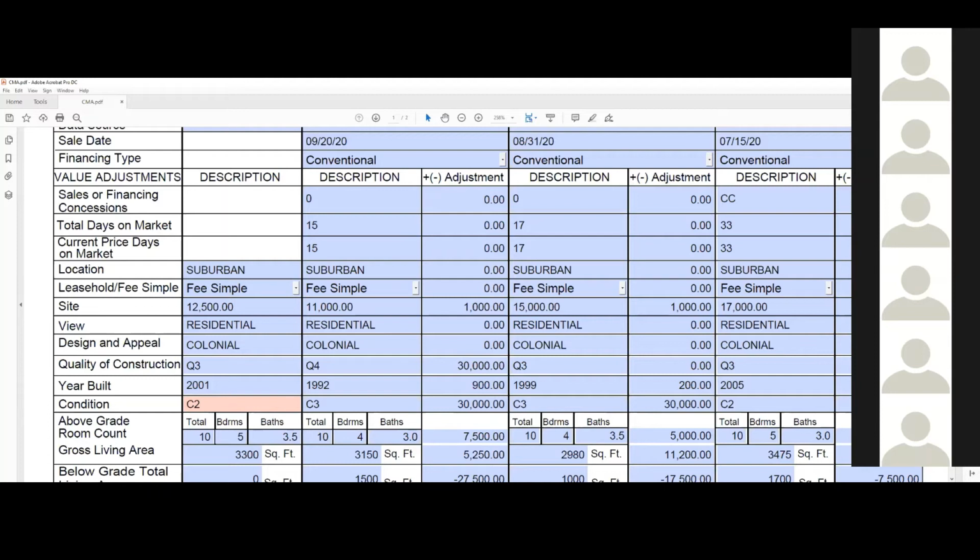Especially if it is an appraisal report, they will make a note: we couldn't find any comps in such city, so we had to expand our search to such area. And the city has to be a similar type of city.